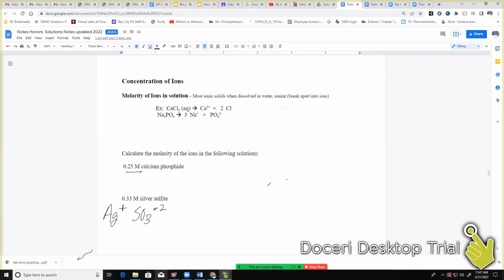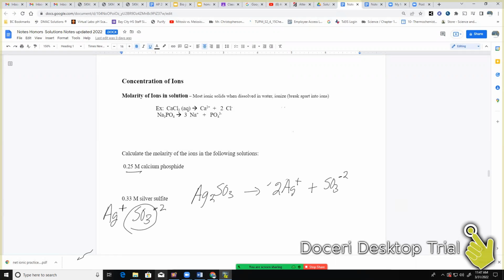All righty. So this should have been your formula. Hopefully you got that part. And so when it ionizes, I end up with 2 silver cations. And remember, this SO3 is a polyatomic ion, so it's going to stay together, -2.